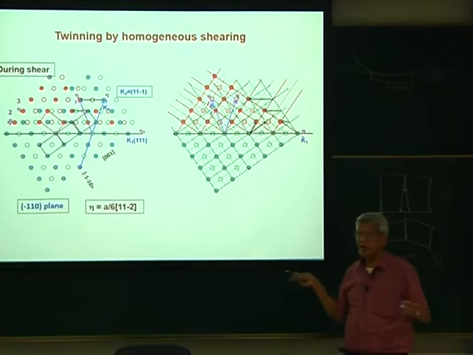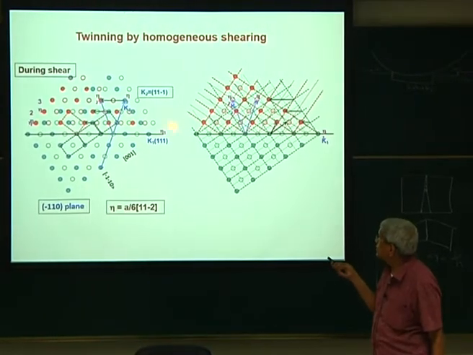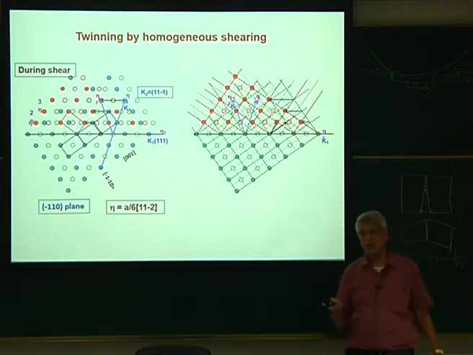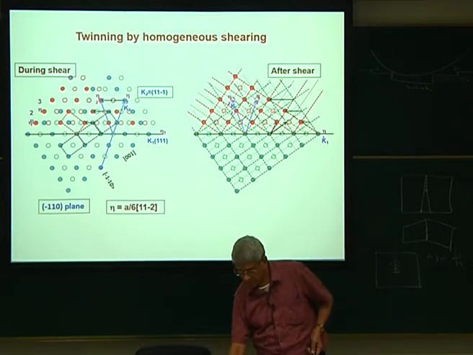You have studied twinning in FCC. You know that essentially by giving a homogeneous shear of a by 6 <112 bar>, which is the dislocation, and the shear vector is around 0.707. The shear is very high for FCC to create a twin.